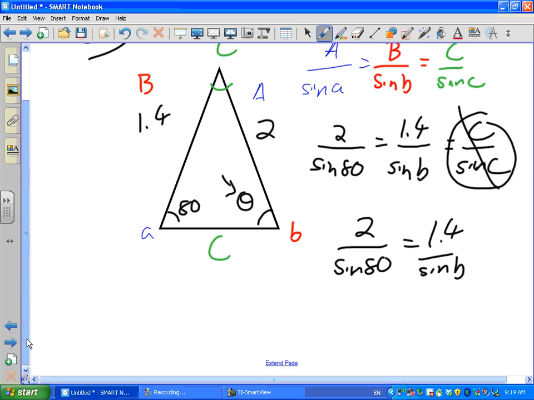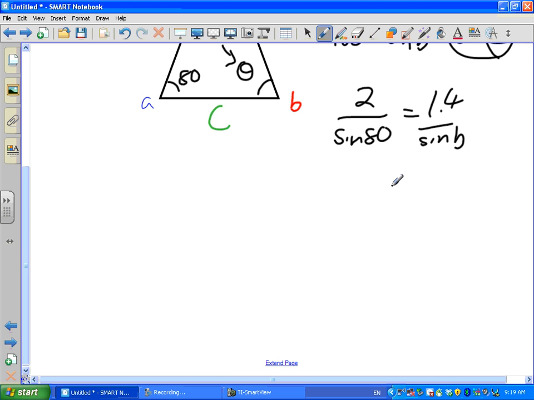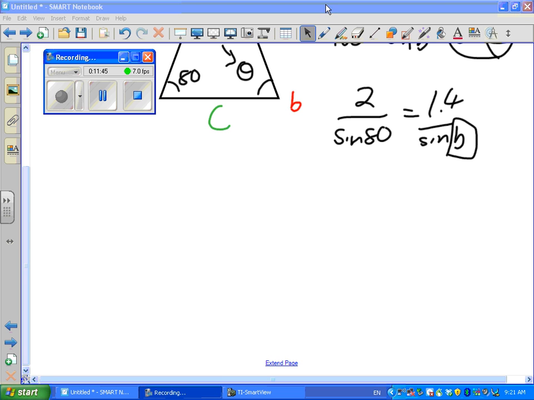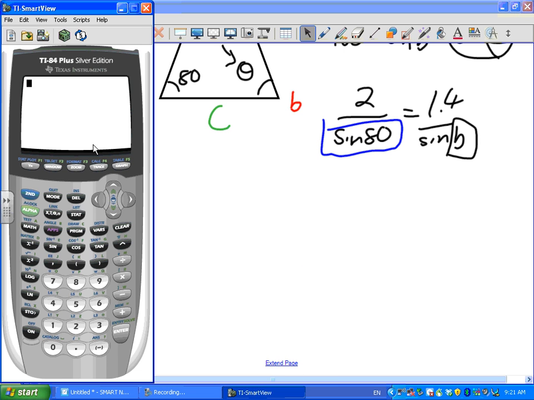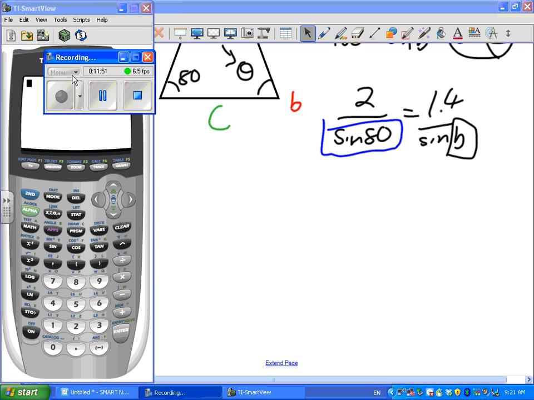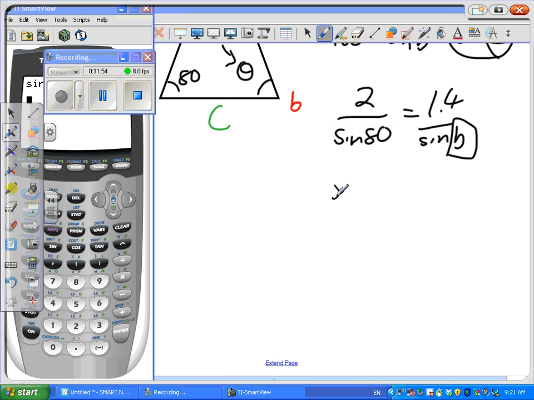Okay, I need to solve for sine B here. This is where it gets a little tricky. I need to get the B by itself. Okay, first thing I'm going to do is solve for this sine 80. Whoops, wrong one. Sine 80 is equal to 0.985.